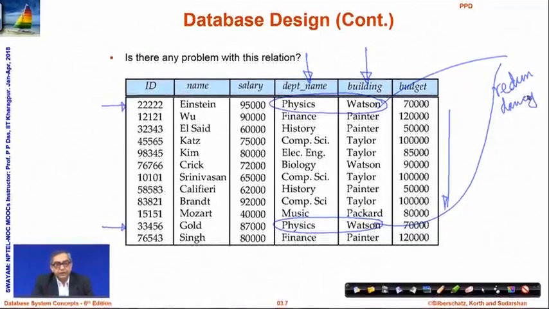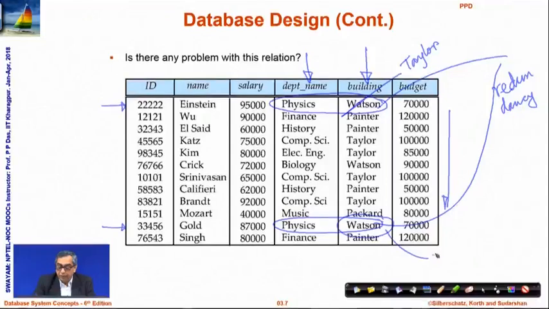That is, the same information is given more than once, which is not a very desirable thing. The consequence of this could be, suppose tomorrow the university decides to move the physics department from Watson to the Taylor building. Once this is moved, this Watson will have to be changed to Taylor.